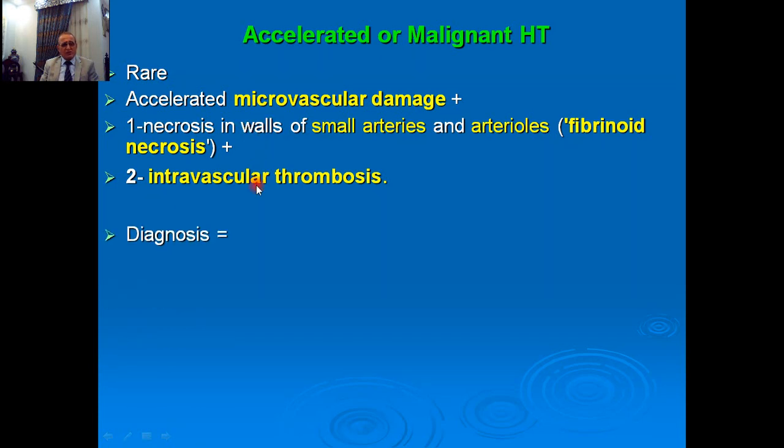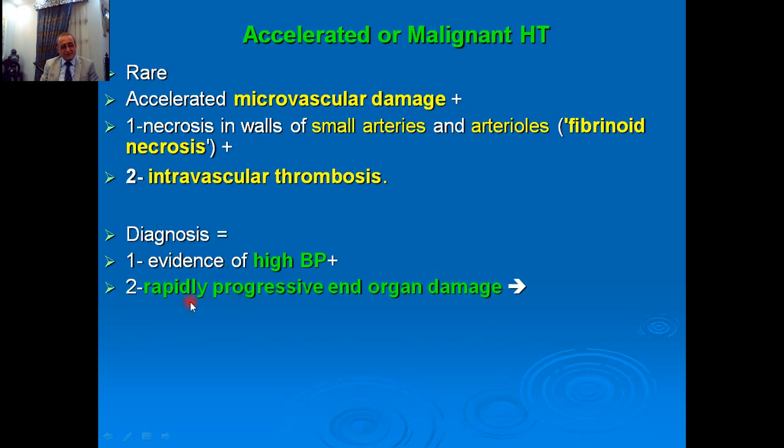How do we diagnose? Evidence of high blood pressure, plus, be careful. Most of our people with isolated high blood pressure are not malignant or accelerated. To define malignant or accelerated hypertension, you should have a high blood pressure plus features of rapidly progressive organ damage.